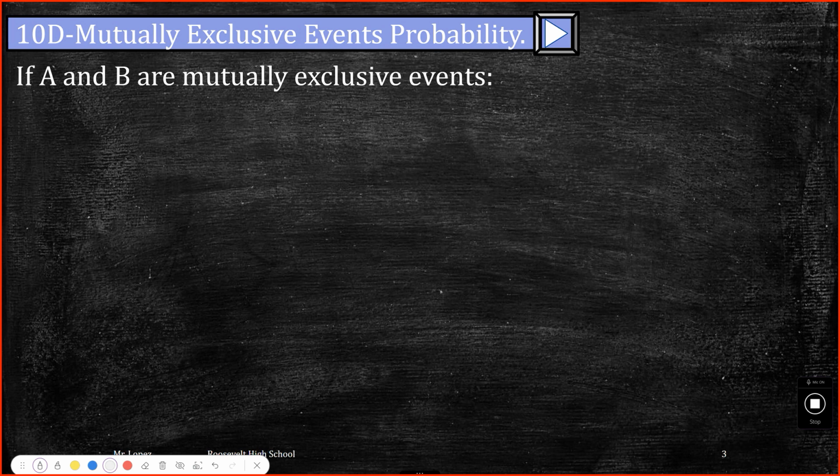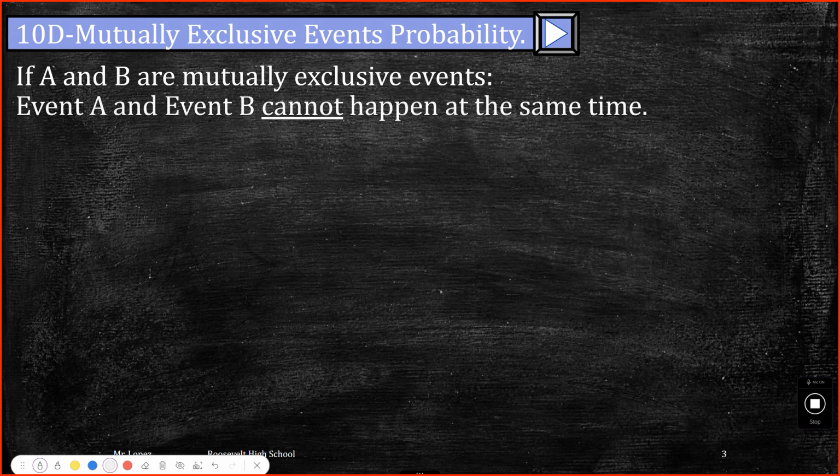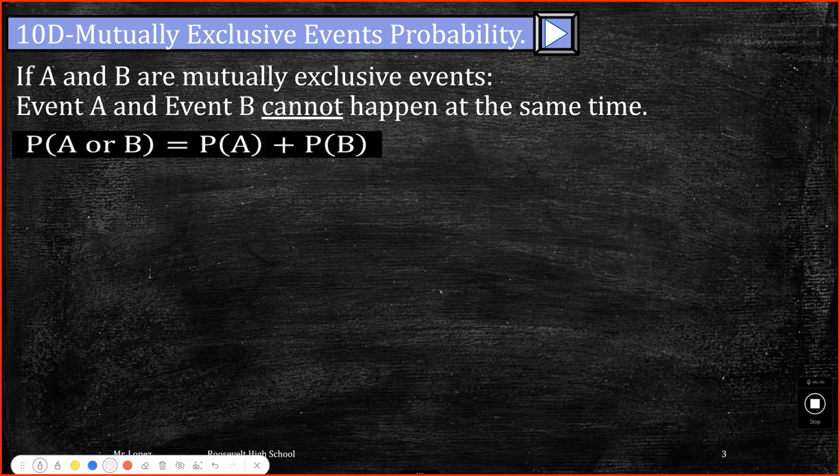It's only this and then that. They cannot mix. Event A and event B cannot happen at the same time. And the formula is P of A or B is equal to P of A plus P of B.